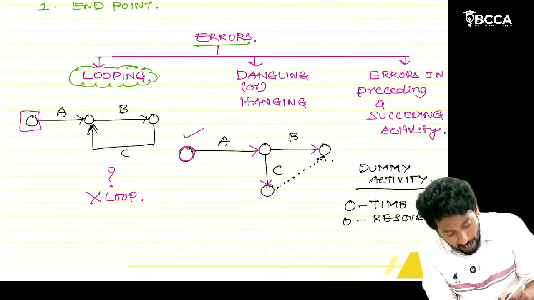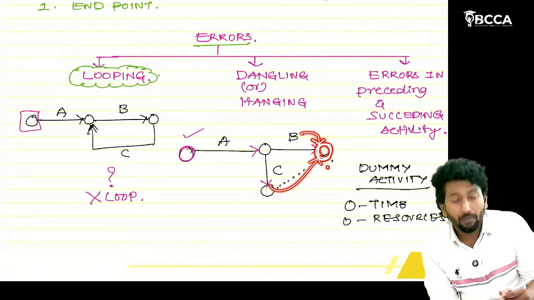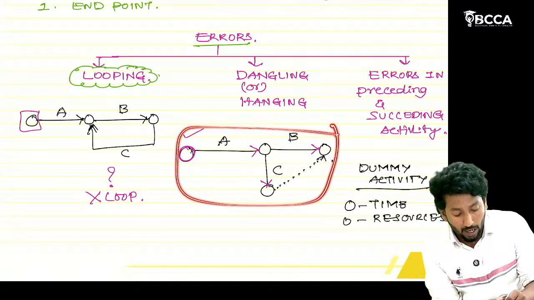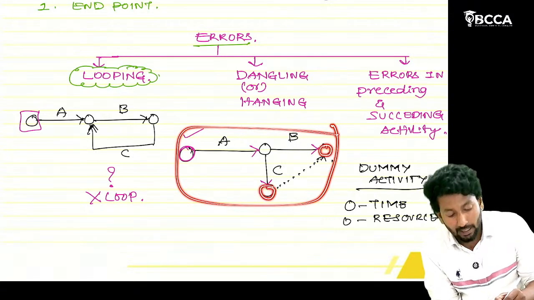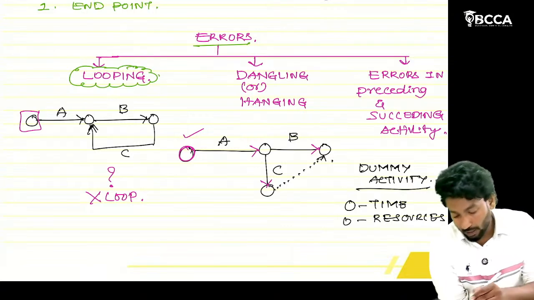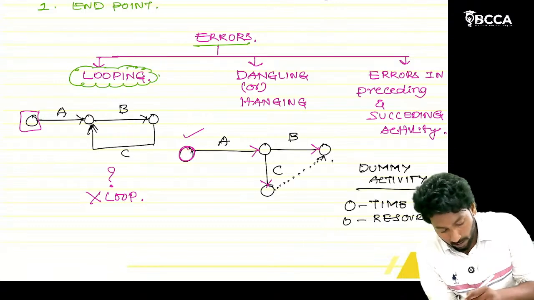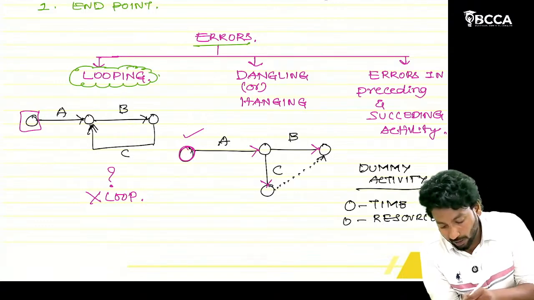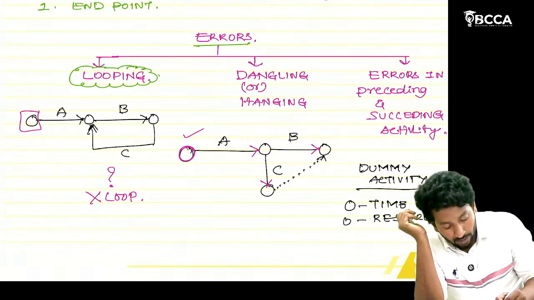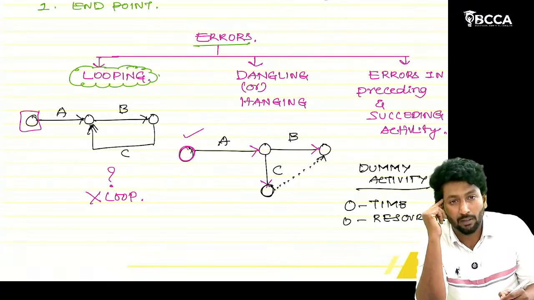So at this event B is ending and C is ending. This project will be completed only after B ends and C ends. Whenever there are multiple endpoints, we should not leave the project with multiple endpoints. We have to connect these dummies either to the next activity or else to the end event.